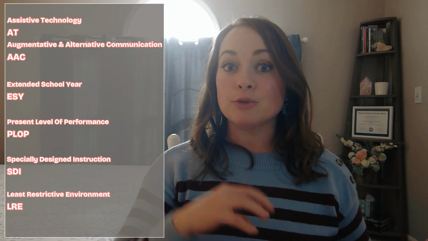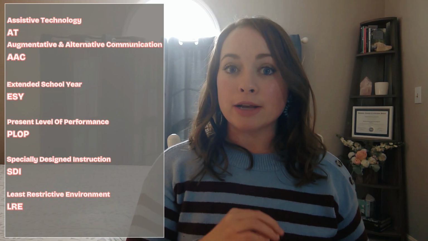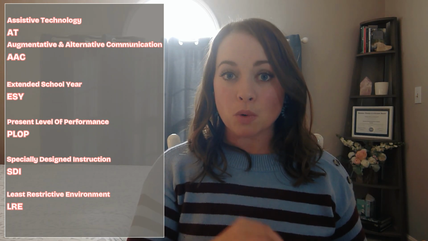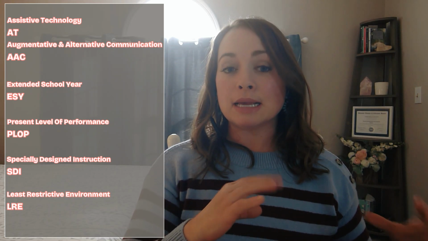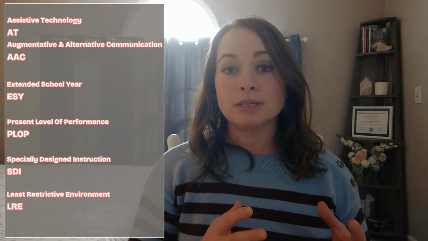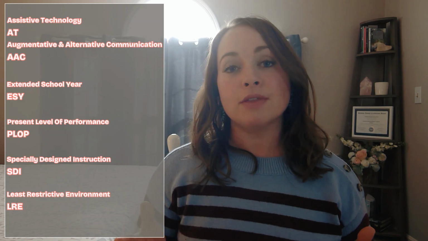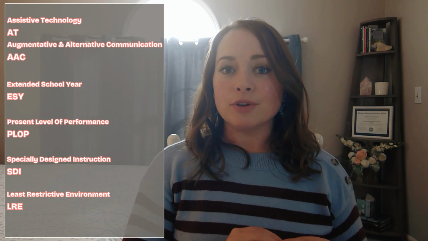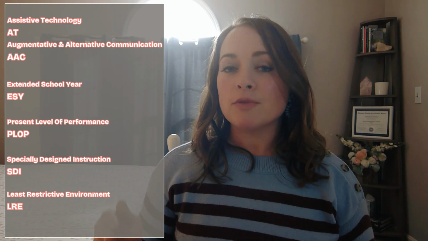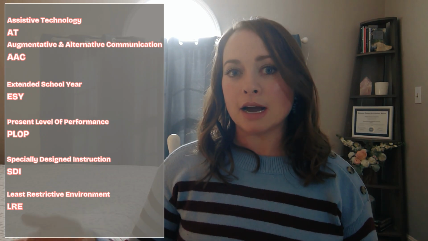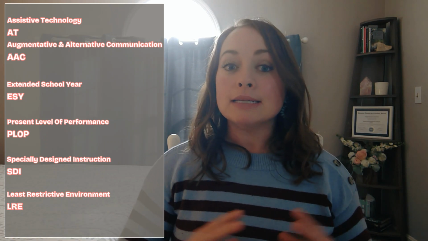Then we move into a self-contained classroom. So this is a classroom that's still within a child's home district, within the public school, but it is self-contained. And this is for students who require specially designed instruction for the majority, if not all, of their school day. And after that, the very most restrictive placement is an alternative placement outside of a child's home district, outside of the public school setting. And that is a continuum.